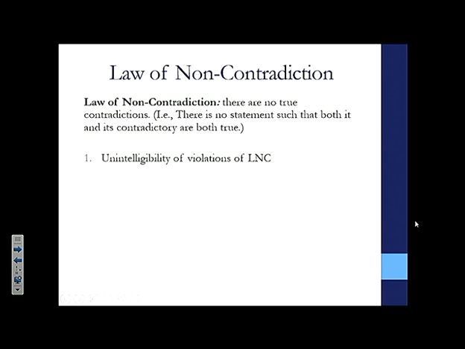You know what it means to say you're in a room now, and you know what it means to say you're not in a room now. But the unintelligibility argument says you can't understand both being true simultaneously. This is nonsense, not in a pejorative sense, but in the sense that you can't understand what you're saying.